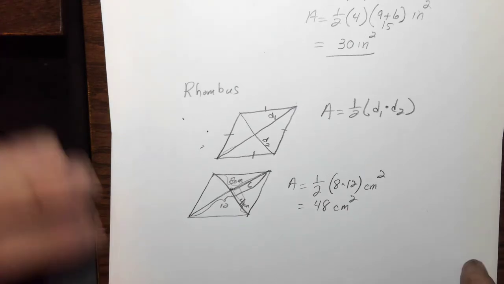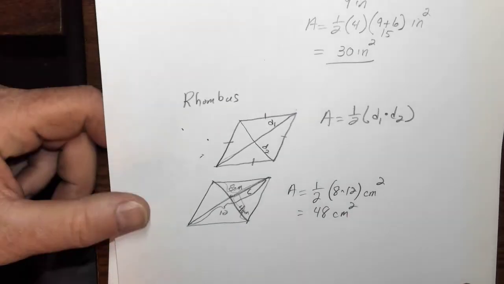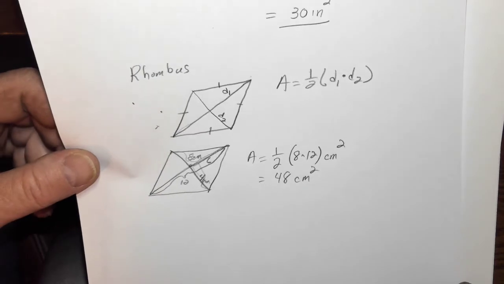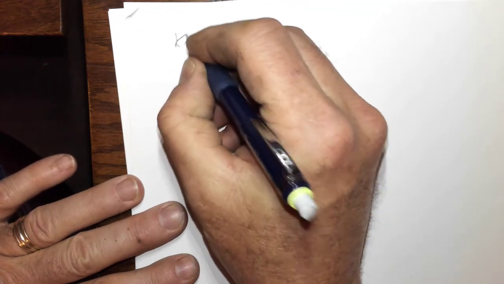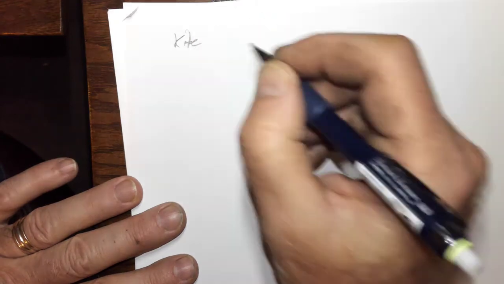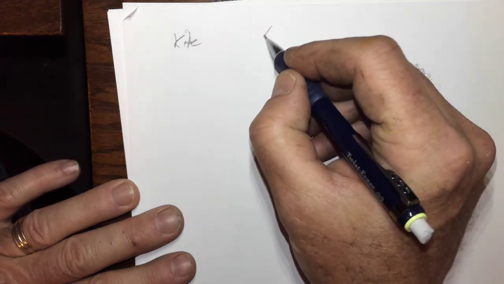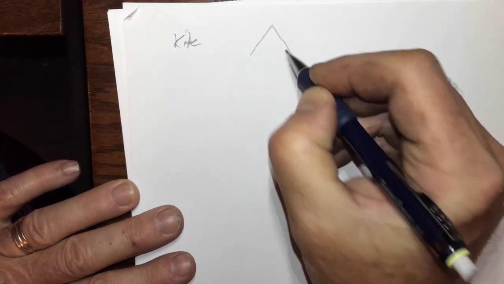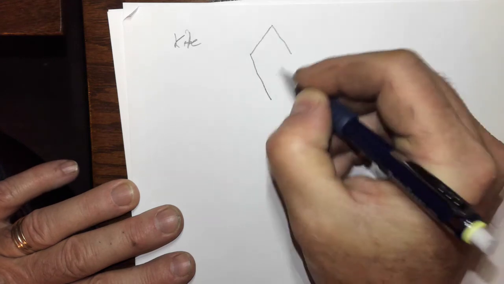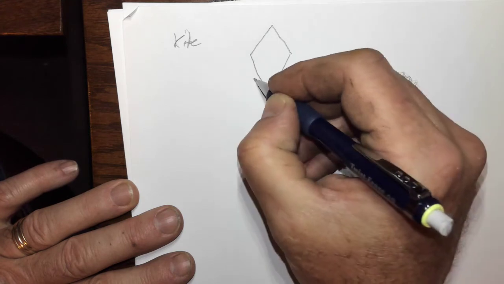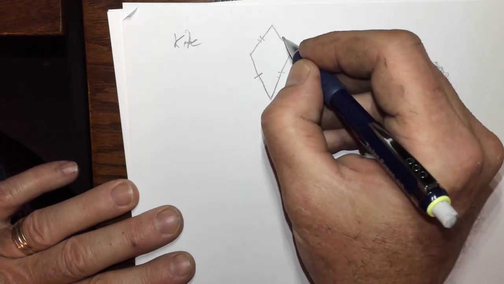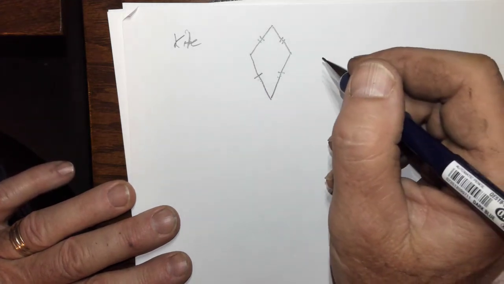Okay. Now on the worksheet today, on the back, on the second page, it talks about kites. We didn't really talk about what a kite was before. You all have an idea of a kite, the things you fly up in the air, right? The definition of a kite is where consecutive sides, these two sides have the same length, and these two sides have the same length.